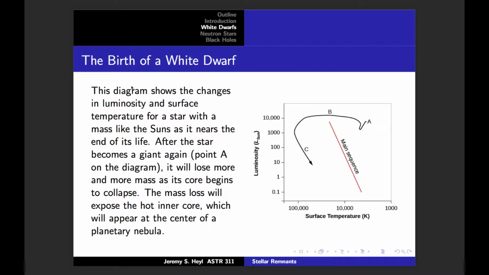It starts to shed the mass of the outer layers of the star, nearly all of the hydrogen, nearly all of the helium gets pushed out, and that will form a planetary nebula that we talked about. And in the middle of the planetary nebula will be a very, very hot core of the star, and that core, as it gradually cools, becomes a white dwarf.